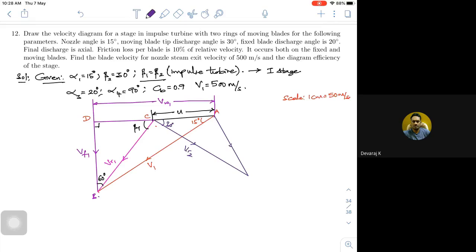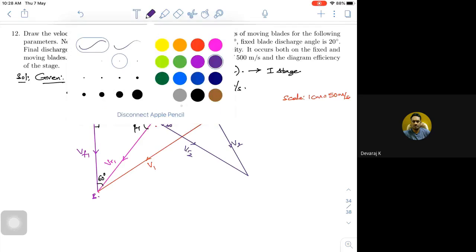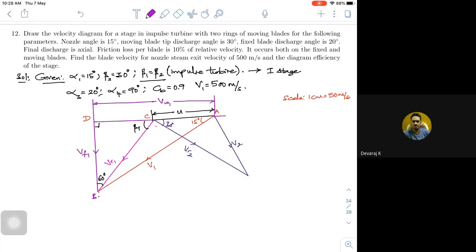So this is my V2, and if I extend this and draw a vertical line from here, I will be getting VF2, this will be my VW2, and this will be your alpha 2.